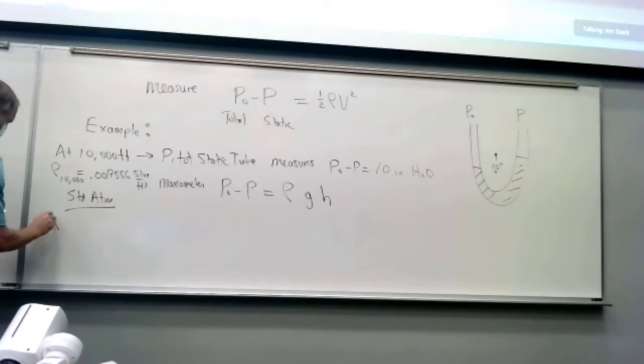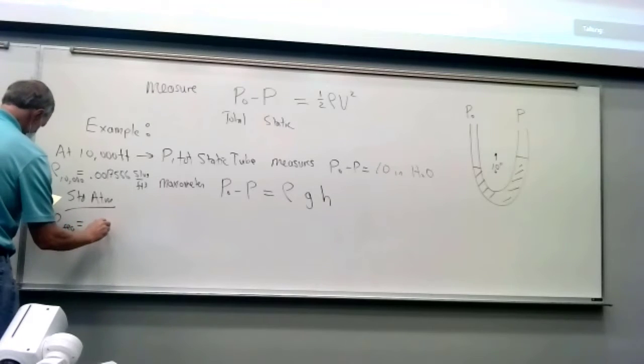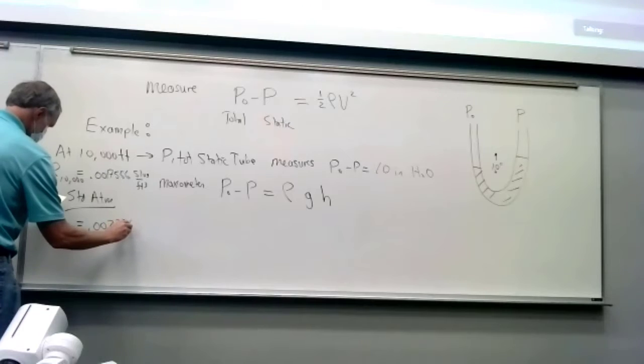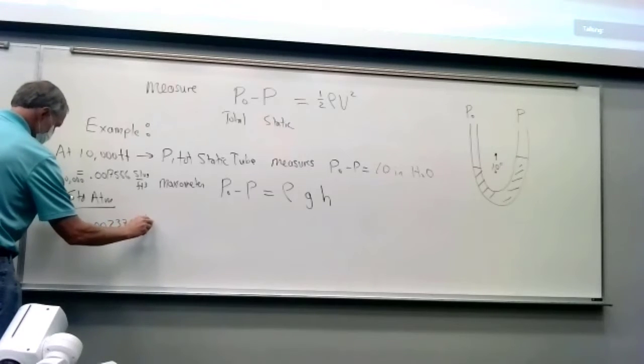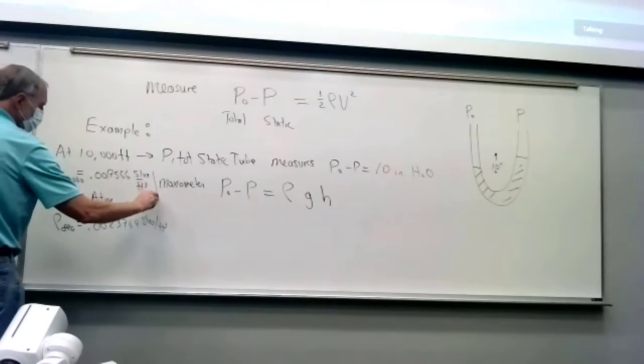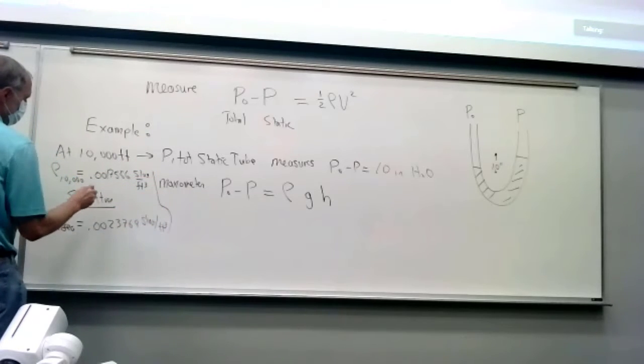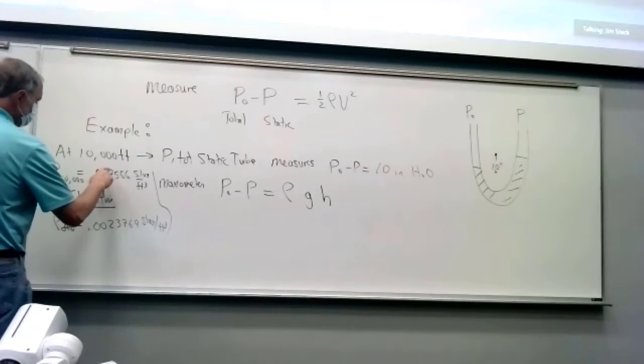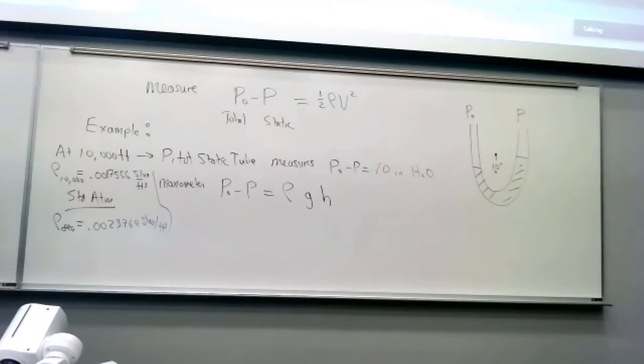And we're going to use sea level as well, so let's write it out: 0.0017556. So we're at 10,000 feet. Here's our density at sea level. Standard atmosphere, we get this.